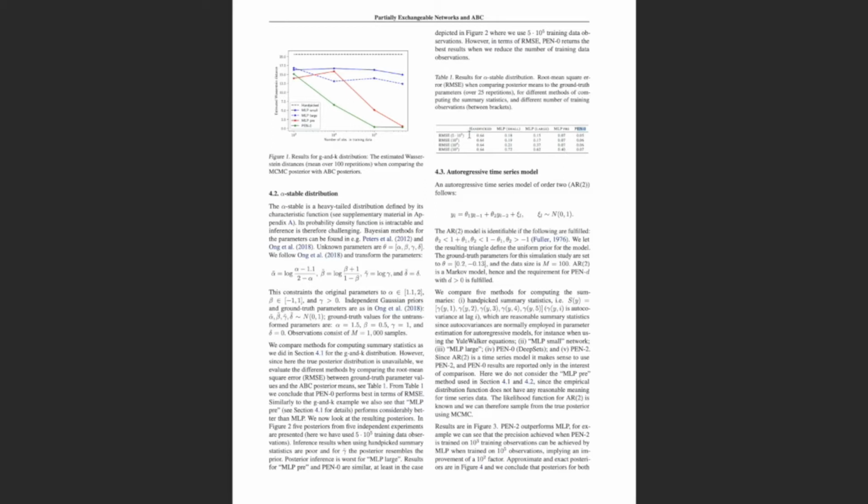But when the data set becomes very big, you can see the multilayer perceptron pre is kind of the same as the proposed model PN0. So this also shows the advantage of the proposed model: it is very stable, very precise, and also can achieve very good performance using a small data set.